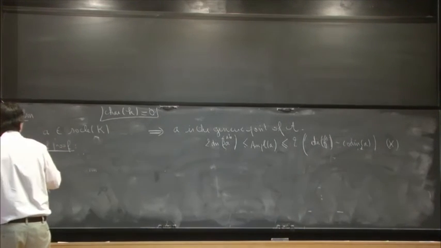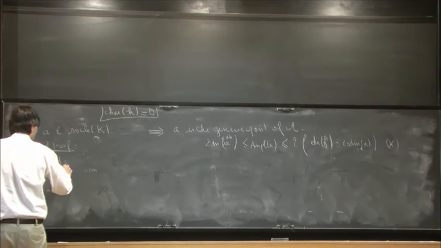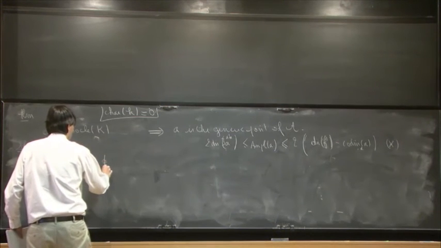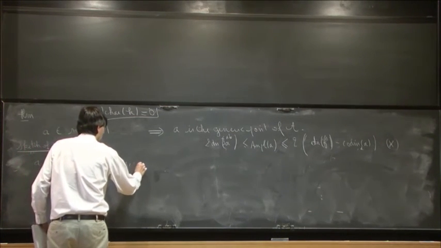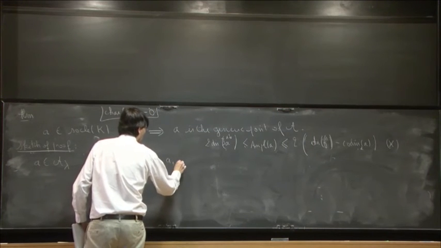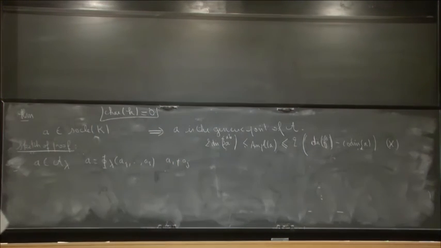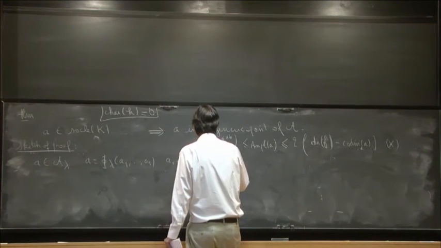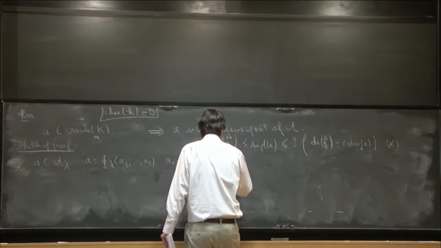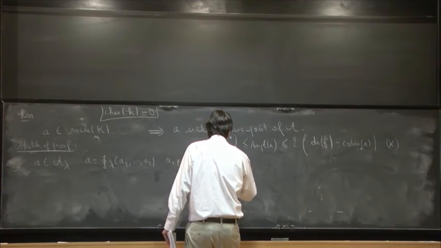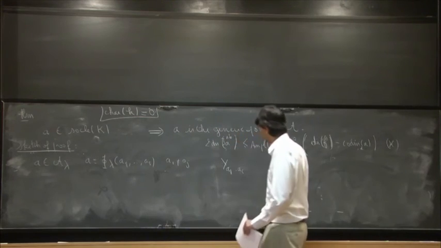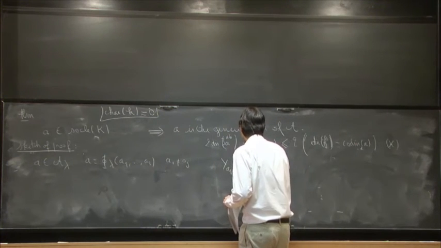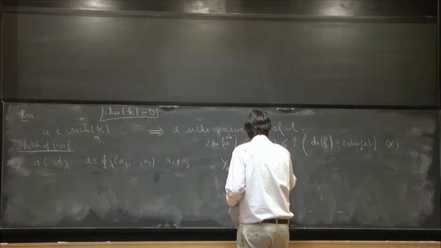So let me assume that A is in a stratum A lambda, and more precisely, A is phi lambda of a1 to as, with ai different from aj. So first, I can consider Y associated to the characteristic polynomial a1 times a2 times up to as. So this is the reduced scheme associated to A.